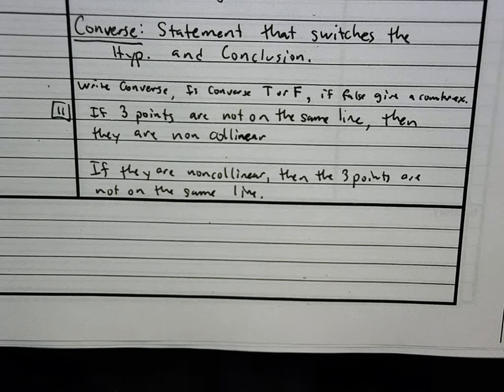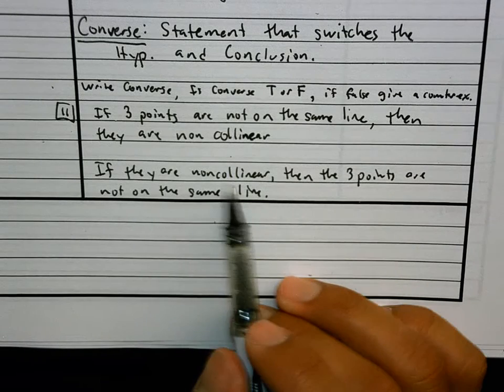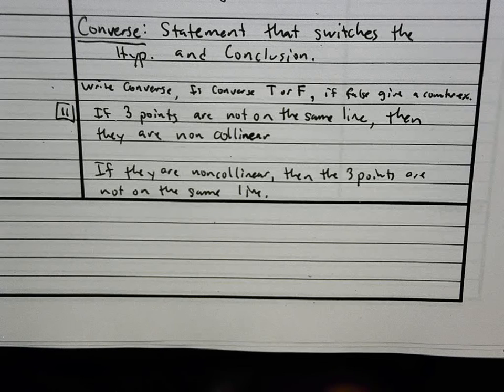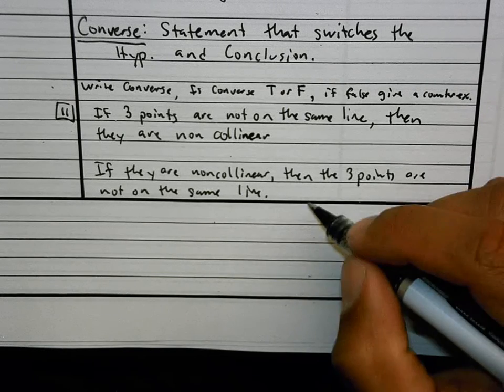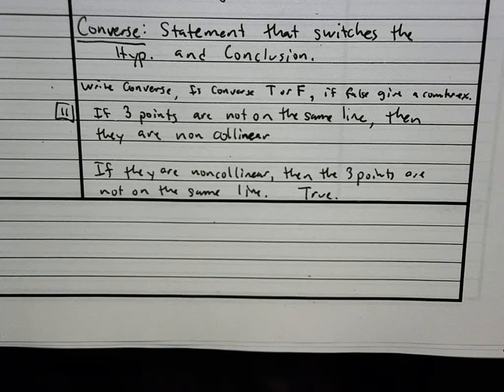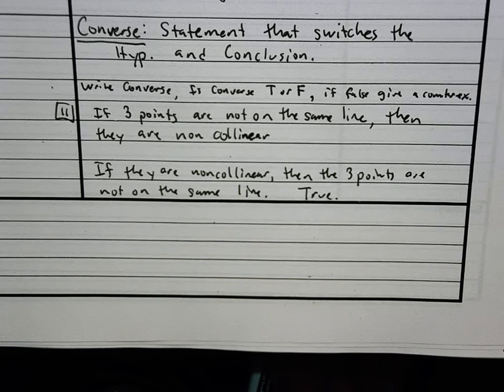You remember that? That's how I showed you what collinear was. If they are non-collinear, if they are not on the same line, then the 3 points are not on the same line. Is that true or false? True. That's a true statement. You do not have to come up with a counterexample if it's a true statement. Okay?